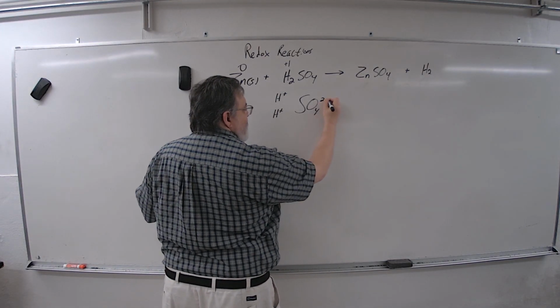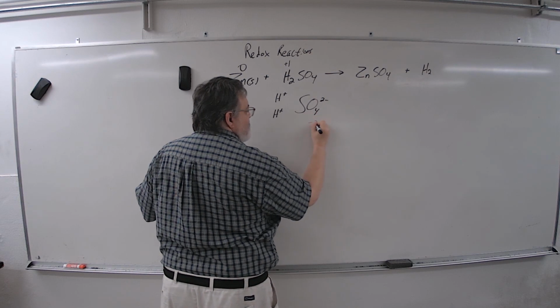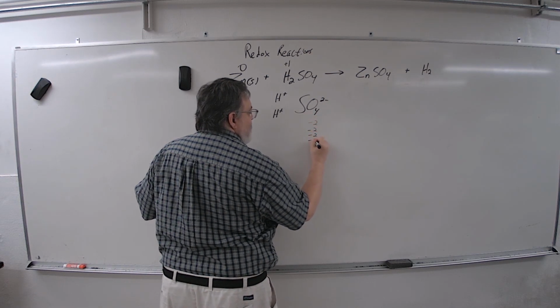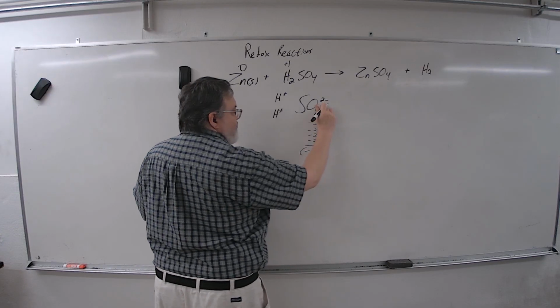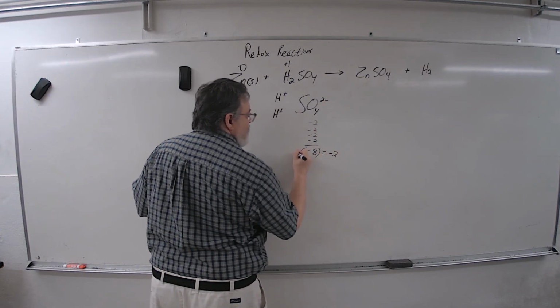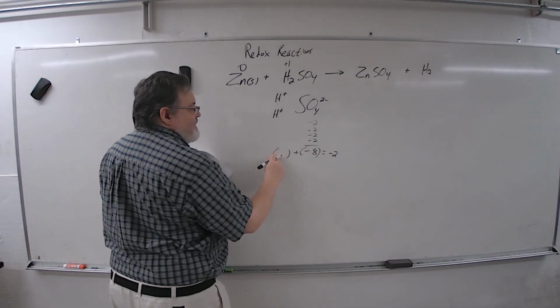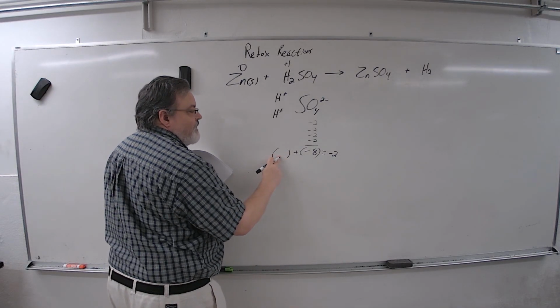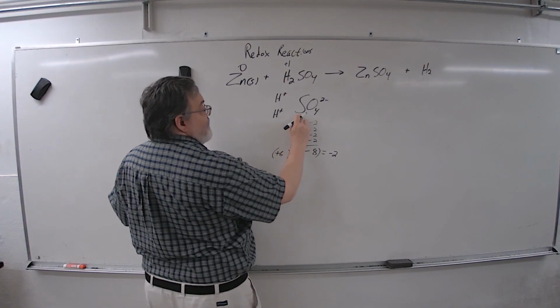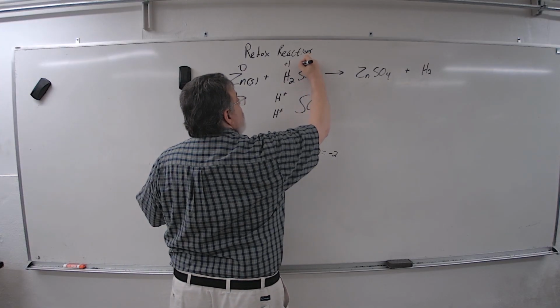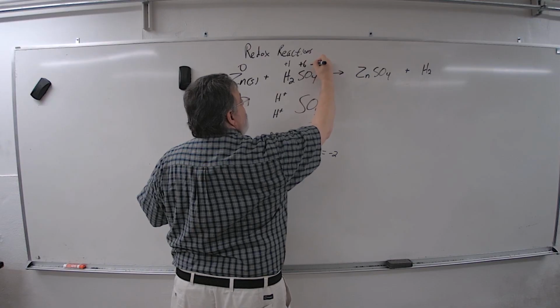And then I've got a -2 here. I've got 4 oxygens, so -2, -2, -2, -2. -8. I'm going to put a -2 here. So what does this need to be to make this true? This has to be +6.